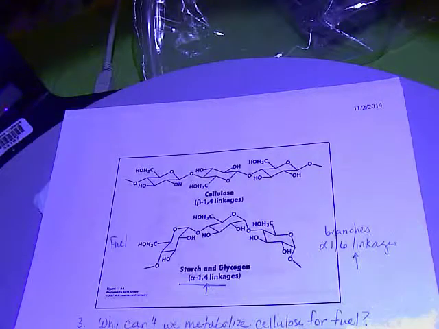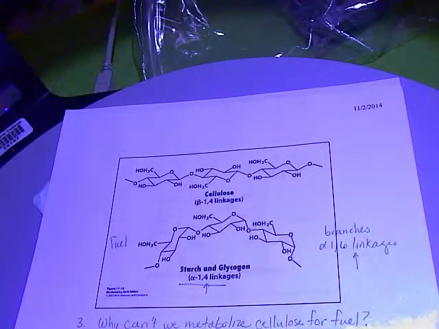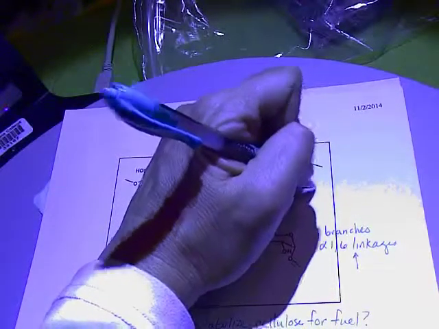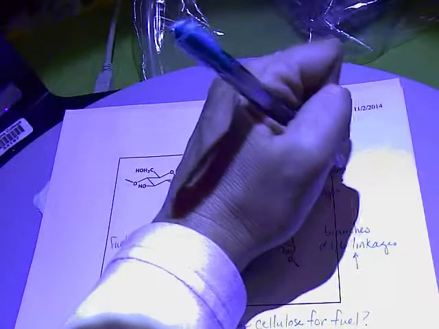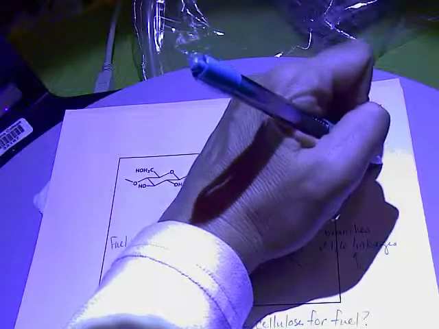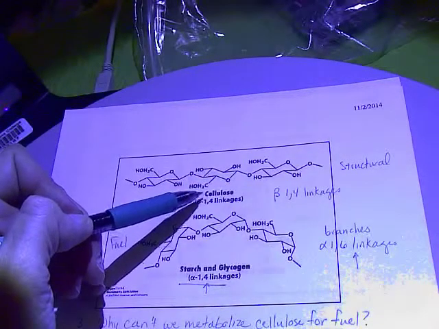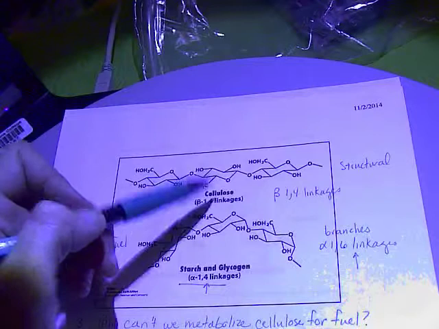Okay? Cellulose, which is the plant form of the polysaccharide, is composed of beta 1,4 linkages. Cellulose is a structural molecule only. Right? We can't metabolize cellulose because we don't have an enzyme that will cleave beta 1,4 linkages.